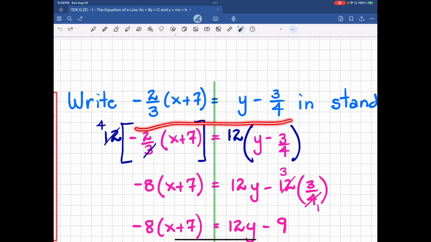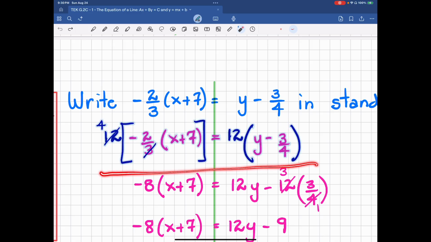This is what we start with. And what I did was I found the least common denominator for 3 and 4, which is 12. So I'm going to multiply the left side by 12 and the right side by 12. And that's what this step is. Notice the 12s are in different colors so that you can visually see what's happening on the left and the same thing happening on the right.